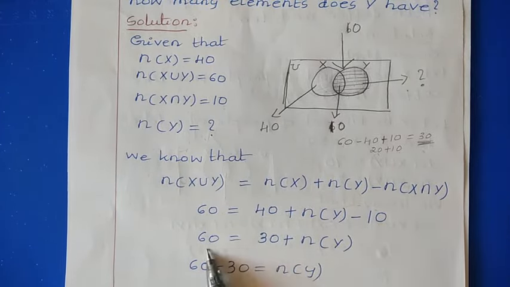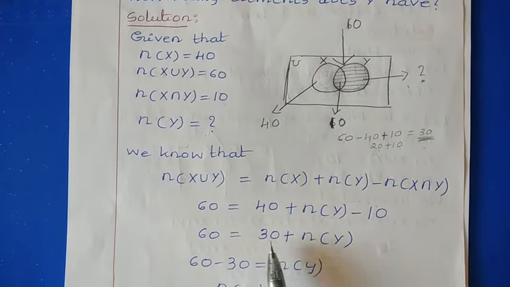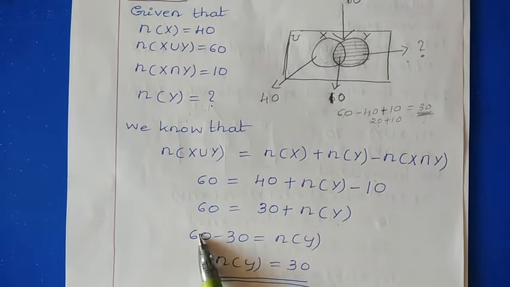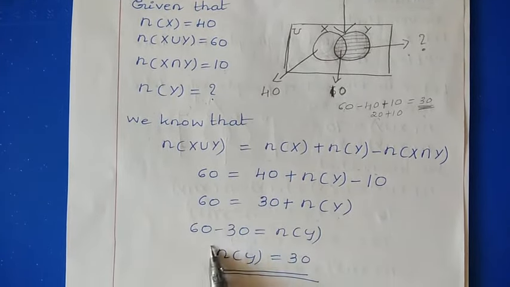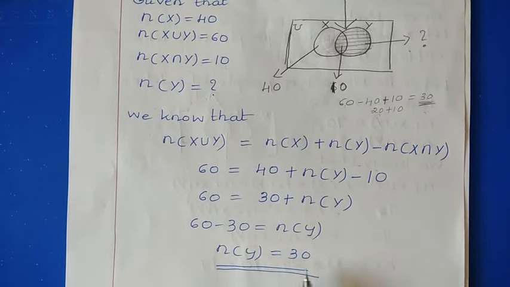Now 60 equals, here we have 40 minus 10, that is 30, plus n of Y. Now let us bring this 30 to this side. So here we have 60 minus 30 is equal to n of Y. So n of Y is equal to 30. So the total number of elements in the Y set is equal to 30.